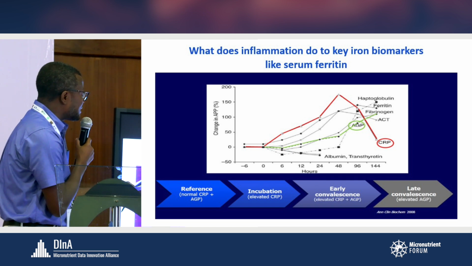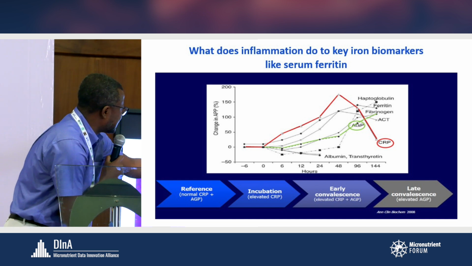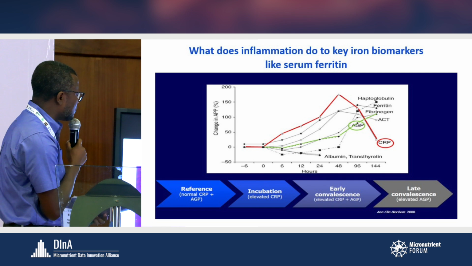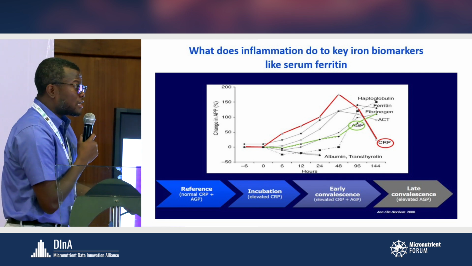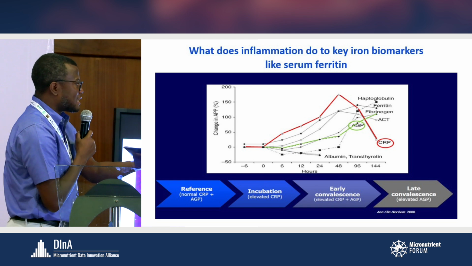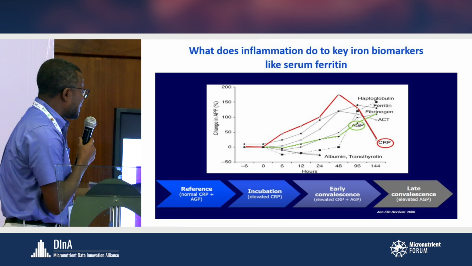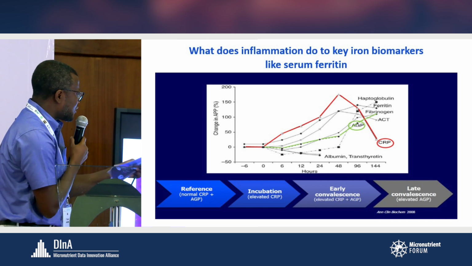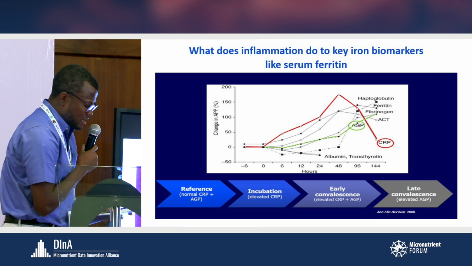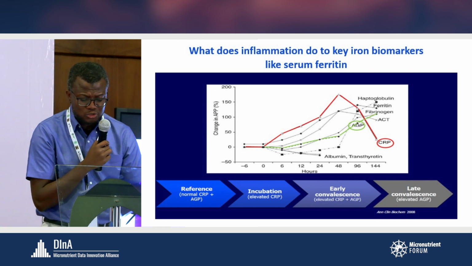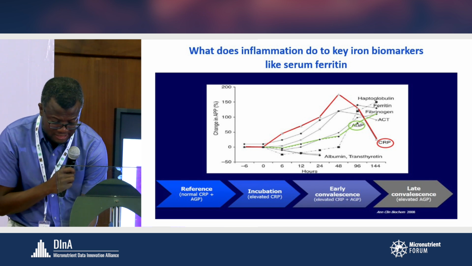We also have ferritin, which is also an acute phase protein, on the slide. So infection will temporarily increase ferritin status. This is why, if we are looking at infection and ferritin, we have to find a way of addressing the infection in order to get a clear picture of the deficiency, for example.